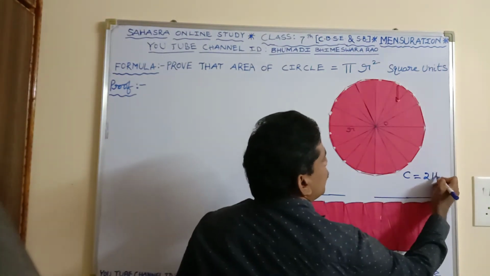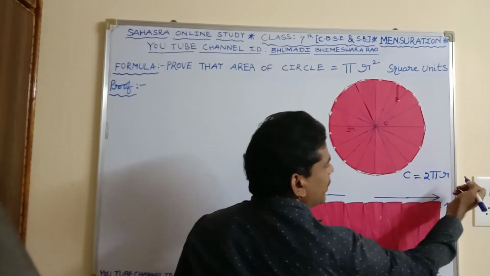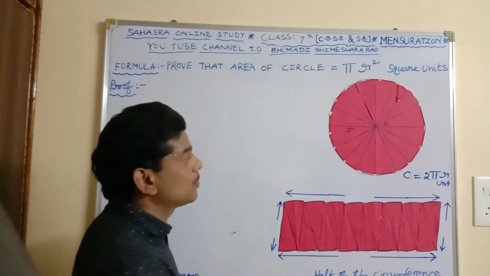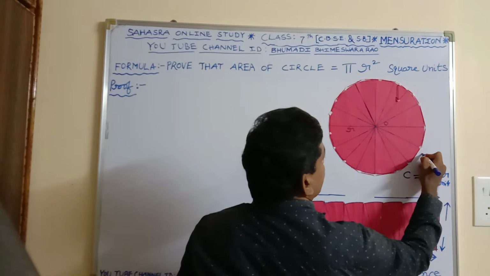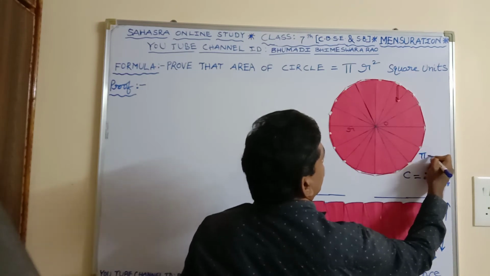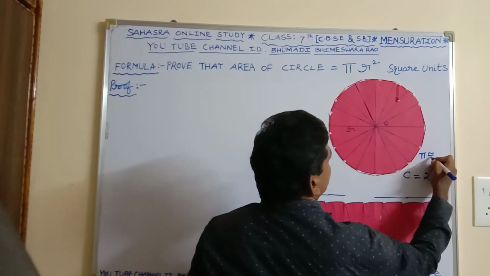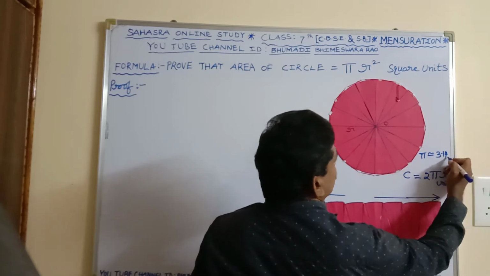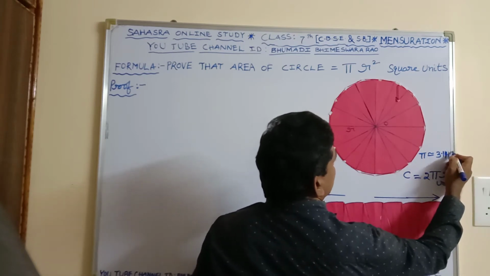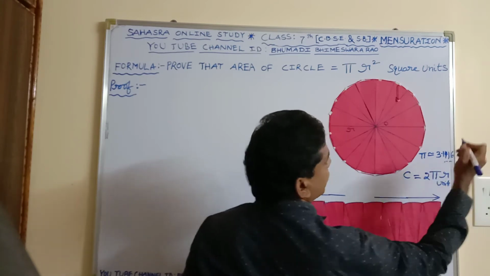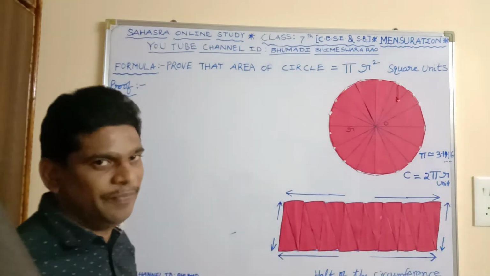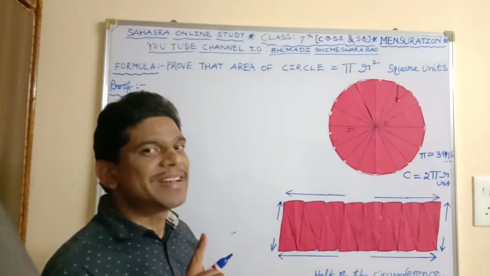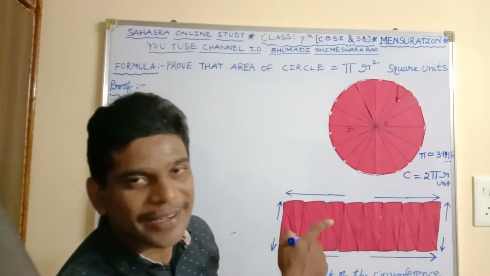C equals 2 pi r units, where pi is approximately 3.14 and so on. Pi is a constant: the ratio between the circumference and the diameter is pi.